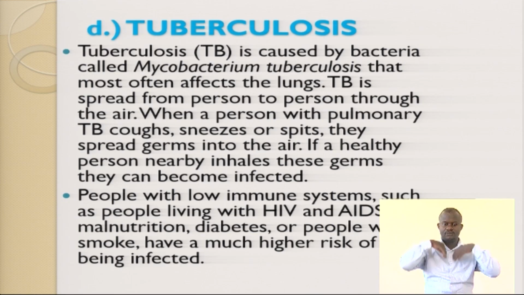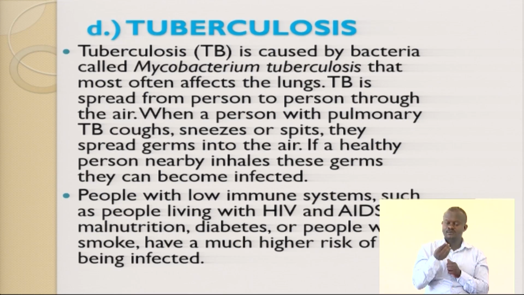People with a low immune system, such as people living with HIV, those who are HIV positive, malnourished people, diabetics, or people who are smokers, have a high risk of becoming infected with TB.